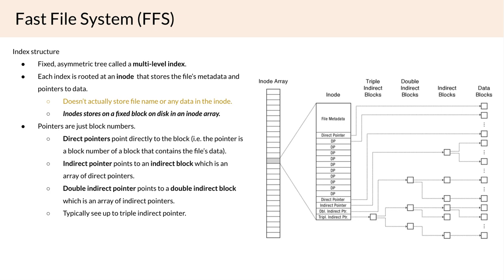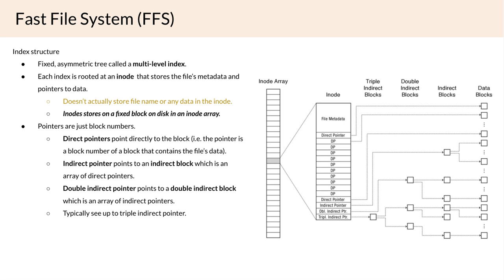But we don't want to incur the cost of these extra disk accesses from reading indirect or doubly indirect pointers for smaller files if we don't have to. So that's why we start off with a bunch of direct pointers to easily accommodate small files, and then we have an indirect, doubly indirect, and possibly triply indirect pointer to allow our file system to have a few much larger files as well.